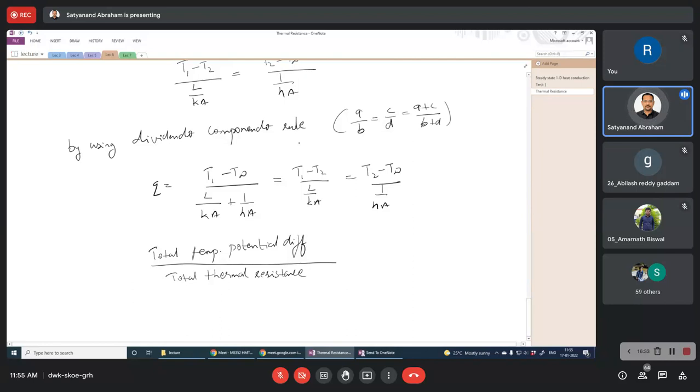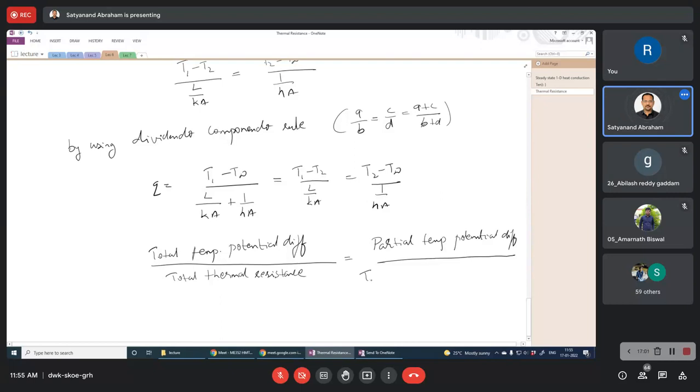In this particular case, the total temperature potential is T1 minus T infinity, and the total resistance is convective resistance plus conduction resistance plus convective resistance, which is equal to partial temperature potential difference divided by thermal resistance over that region.